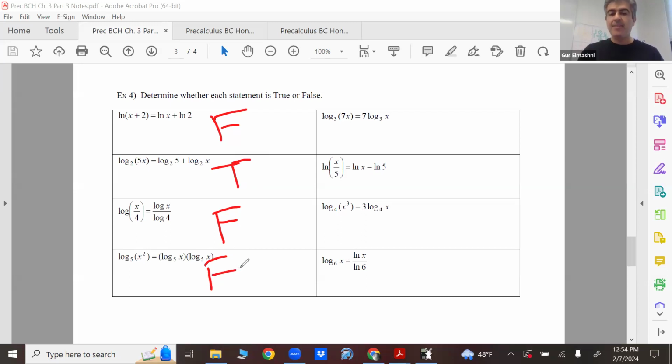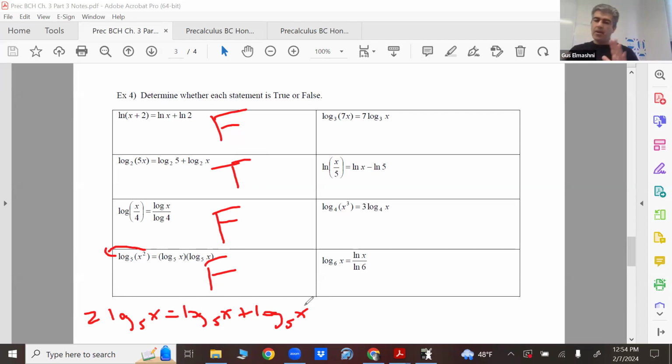We can't say that. Now, if you wanted to, for the last one in the lower right corner, you can move the 2 to the front, but then that would be log base 5 of x plus log base 5 of x, right? So you can't, that's false. Take a look at the right side. I'll freeze the screen. Take a moment.